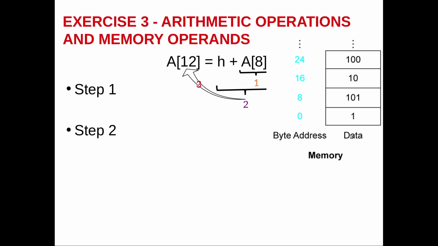We know that each data in the memory will be a double word, which is 8 bytes. So the 8th element will be stored at the offset address of 64, and the 12th element will be stored at the offset address of 96.